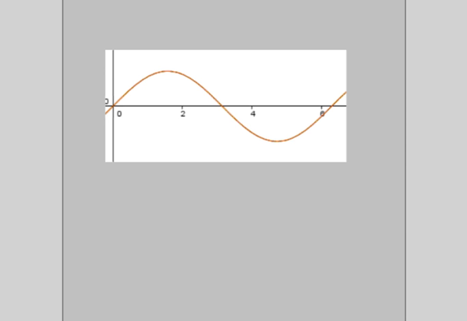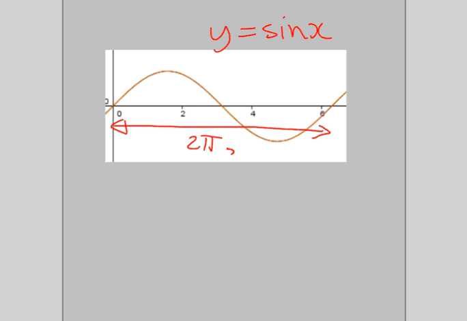Let's revise a few terms before we do that. Here we have the graph of y equals sine x. It has a period of 2 pi or 360 degrees.